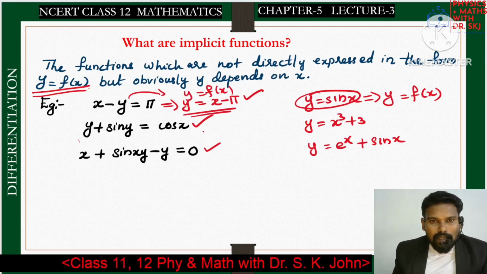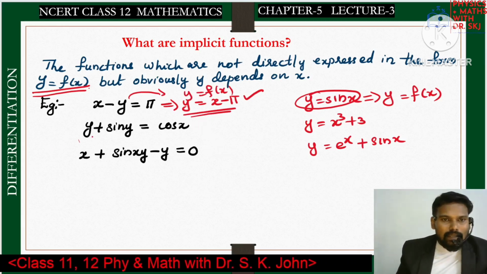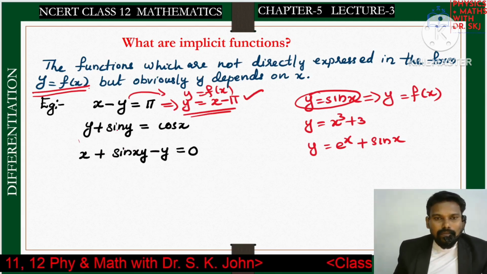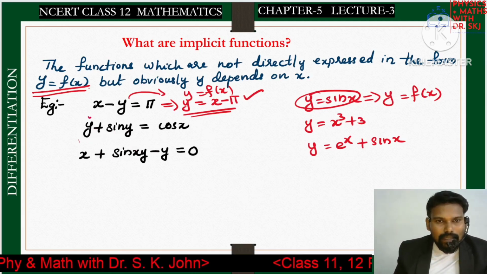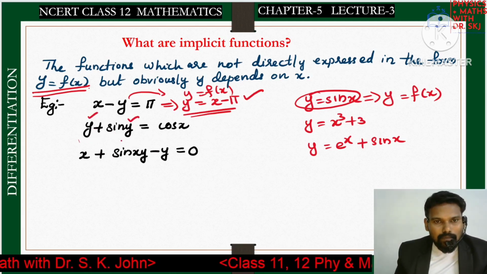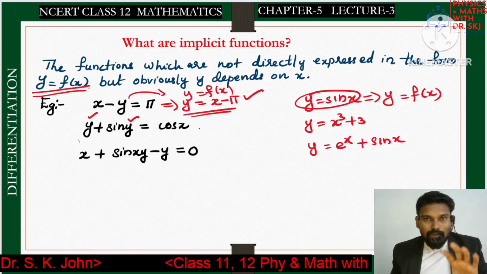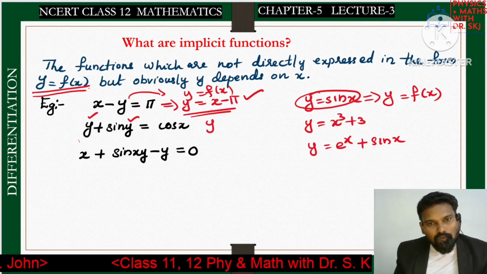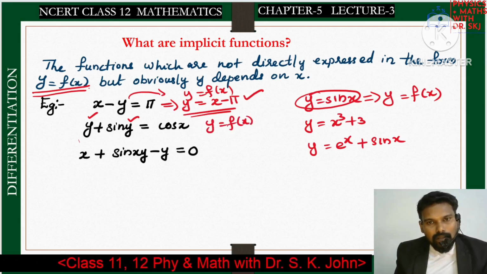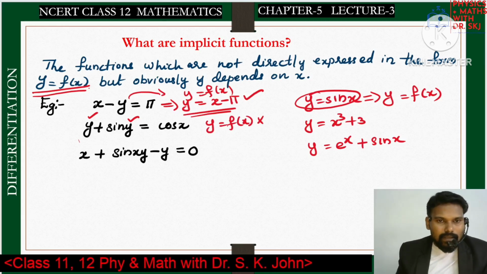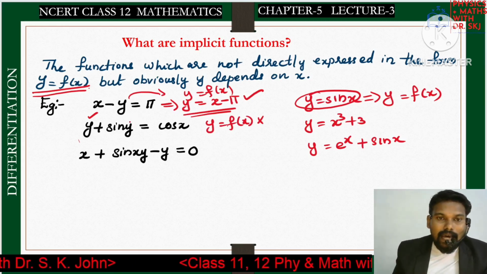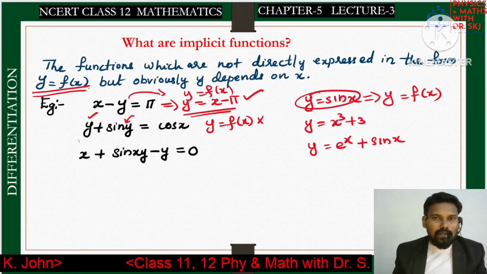But if you look at the second and third ones, you cannot easily write these functions in the form y equal to f of x. It is very difficult because y is there in the argument of sine.